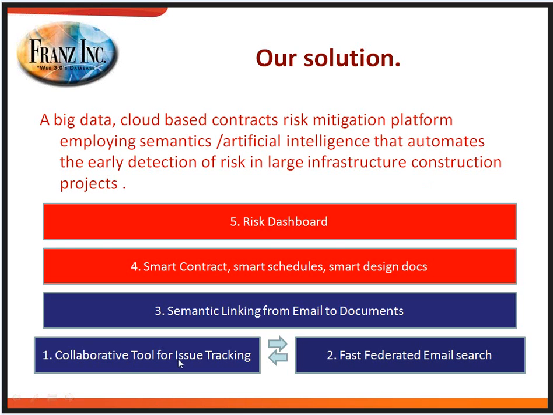As I said before, it's a collaborative tool for issue tracking. It's a very fast email search over hundreds of mailboxes going back several years. And we link all emails to all the documents. Basically now just using simple taxonomies, but in the near future also very advanced linking through analyzing contracts and schedules.